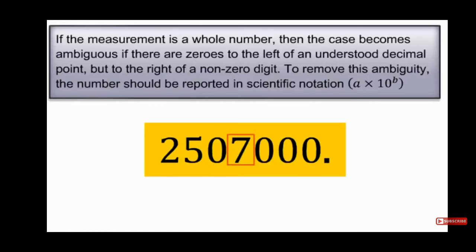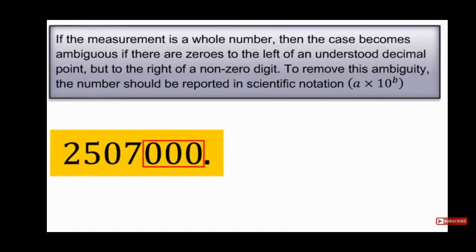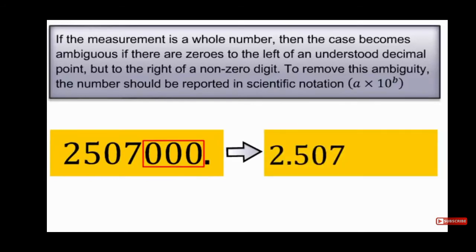There are 3 zeros between the 7 and the understood decimal point. We can report this in scientific notation as 2.507 into 10 raised to power 6. Now, the number of significant figures in this number is 4, since 2.507 is greater than 1.